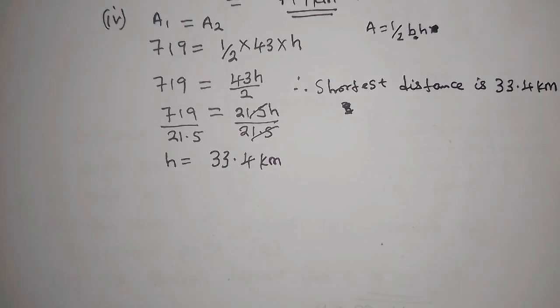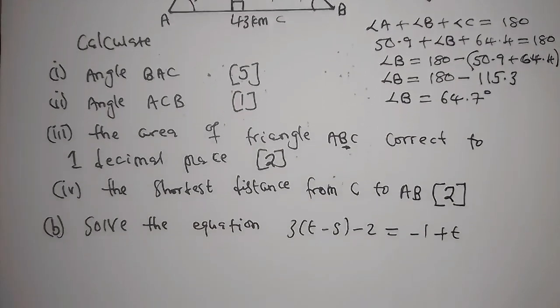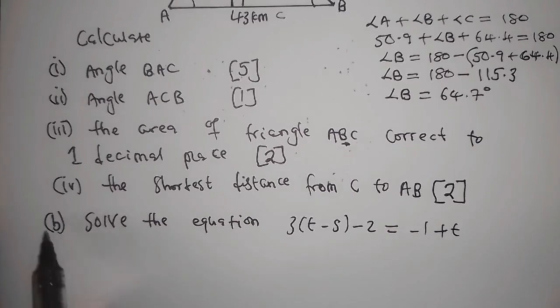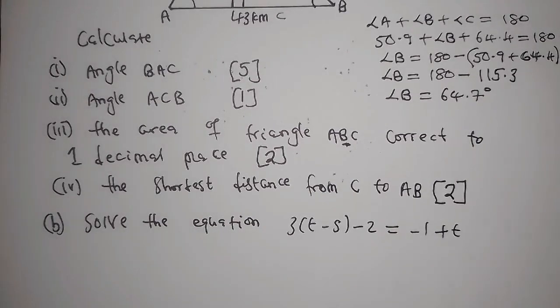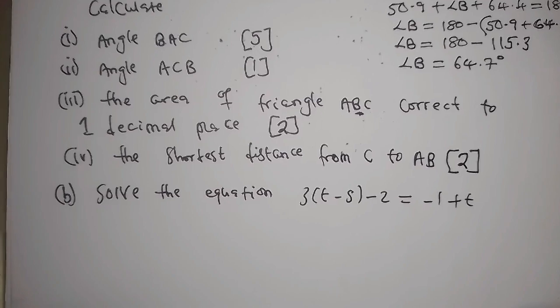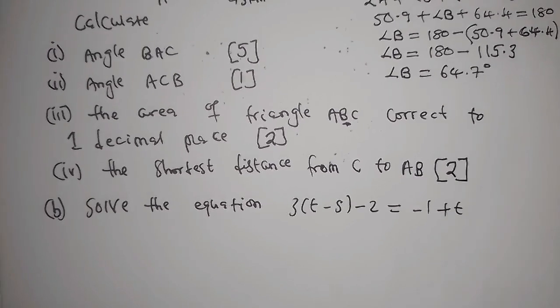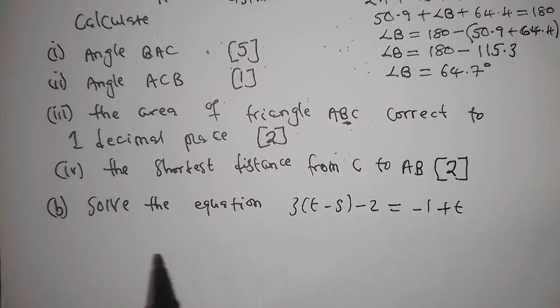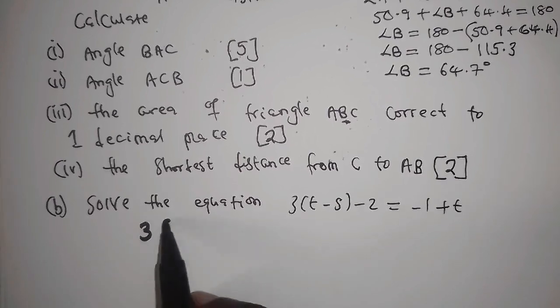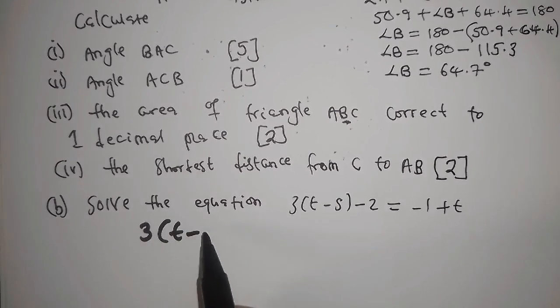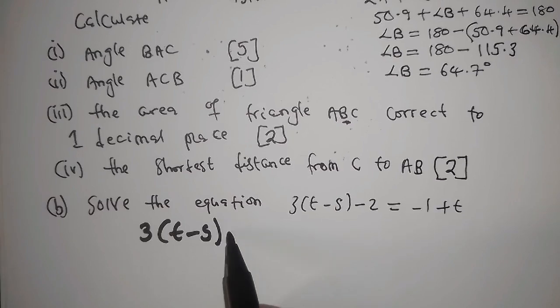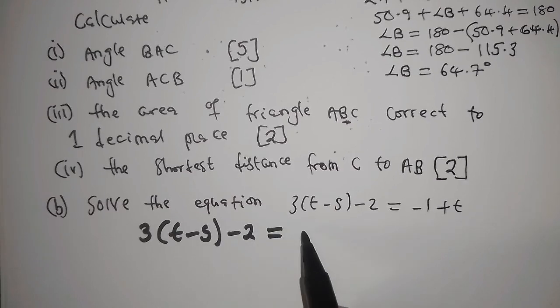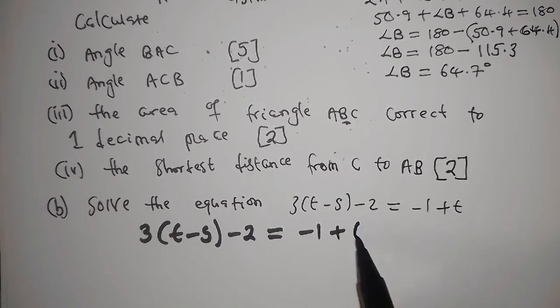And let's now move on to the last question, which is B, solve the equation that is given. This equation is 3 open bracket t minus 5 close bracket minus 2 equals -1 plus t.